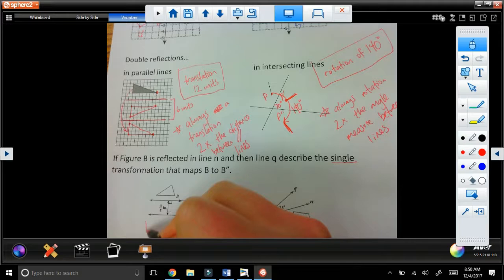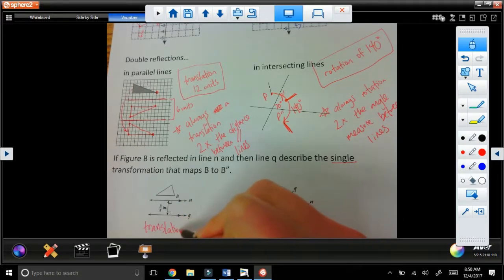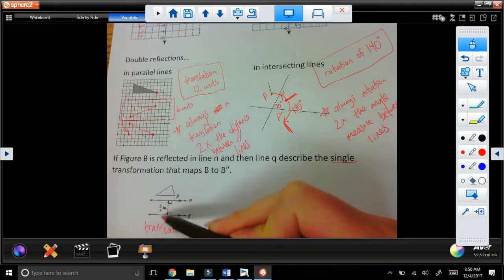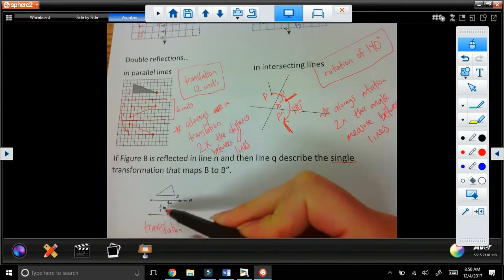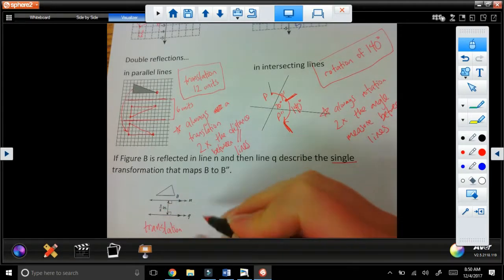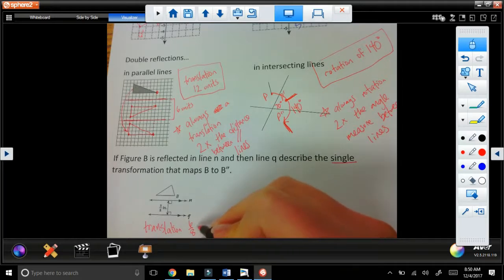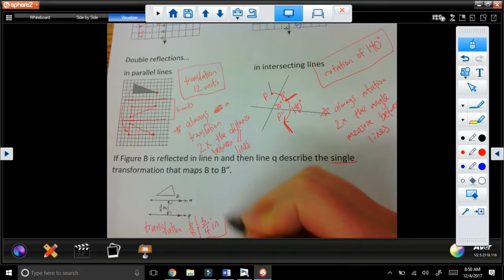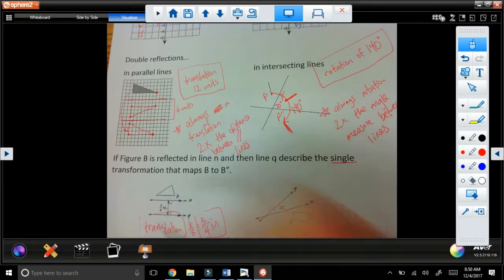It'd be a translation. And then to describe that, because this is 3/8 of an inch between those, you could just double 3/8 of an inch. So it'd be 6/8, which is the same thing as 3/4 of an inch. So you could describe that as a translation of 3/4 of an inch.